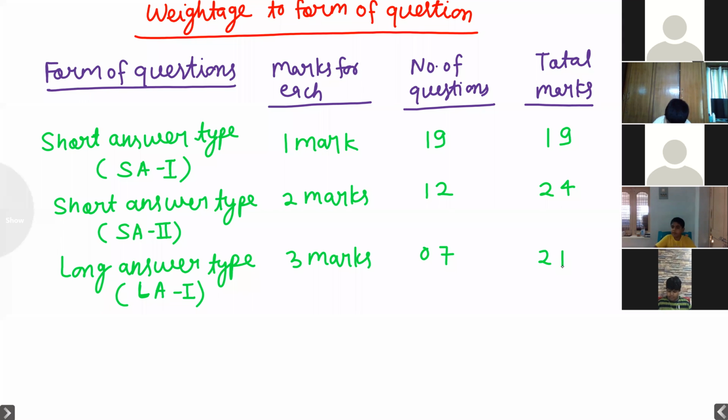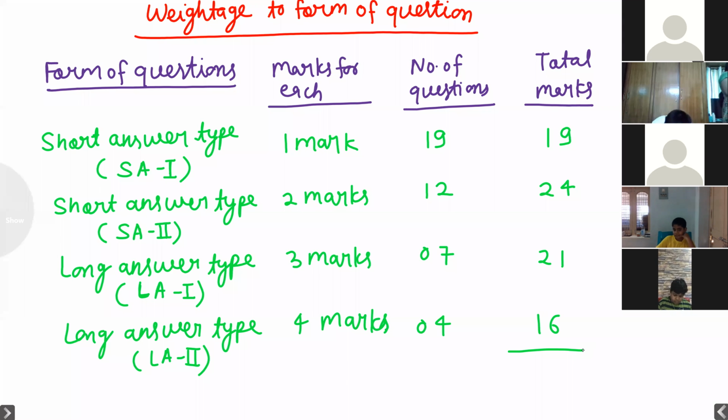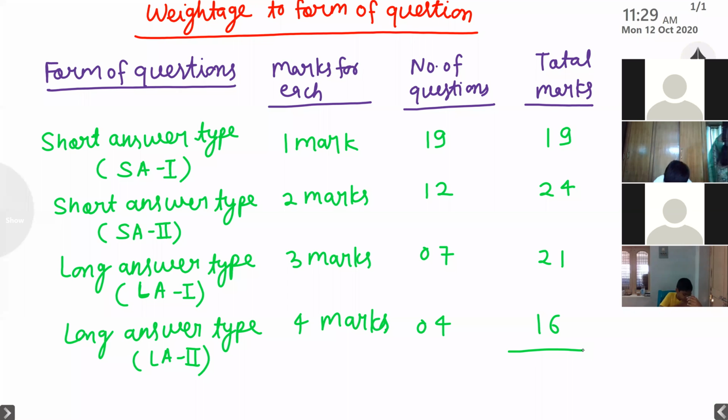Long answer type 2, LA2, 4 marks. 4 questions, 16. 19 plus 12... 80 marks paper. Note down very clearly, everyone.